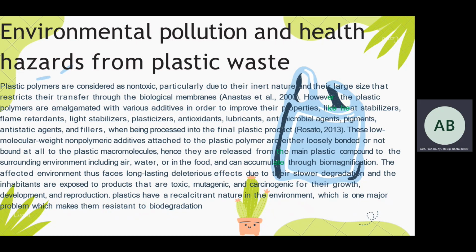Okay, what are the hazards caused by this plastic waste? What do you think? What are the hazards? Sea pollution, bioaccumulation of the microplastic. What else? Hazards from plastic waste.